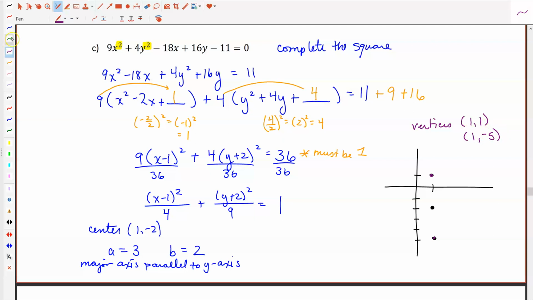For my value of b, we're going to go out 2 units from the center. So 1, 2, I'll put a tick mark right there so I can see where I am. But those don't get a special name, right? We need those to help me graph this thing, but those aren't any special points.